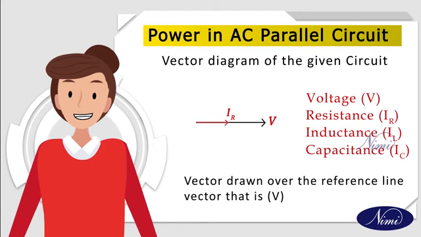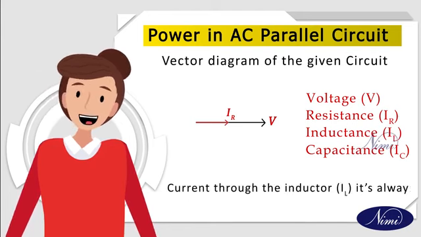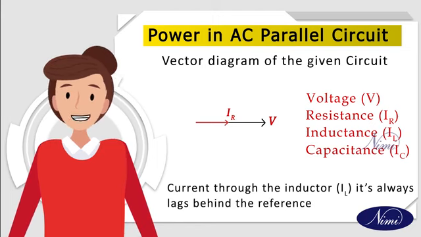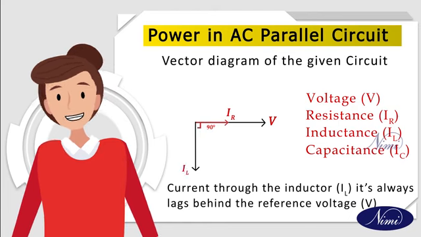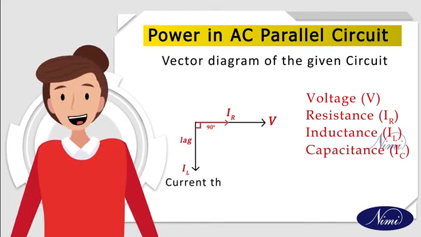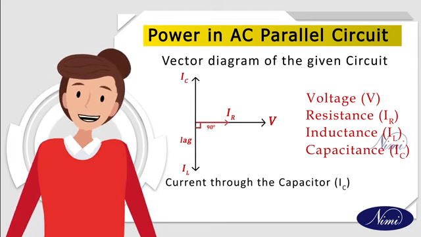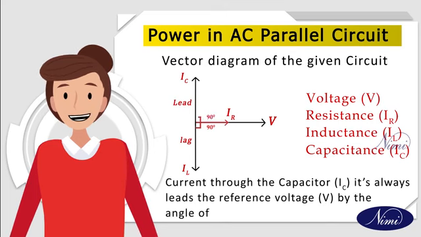Next is the current through the inductor IL. It always lags behind the reference voltage V. So it is drawn 90 degrees lagging on the reference voltage V. Next is the current through the capacitor. It always leads the reference voltage by an angle of 90 degrees.